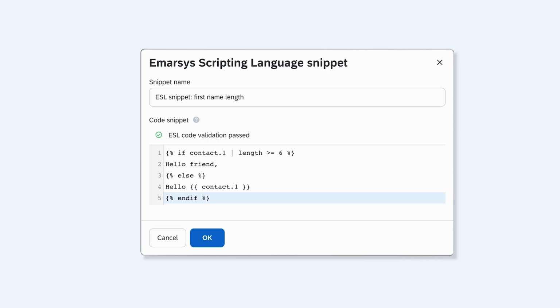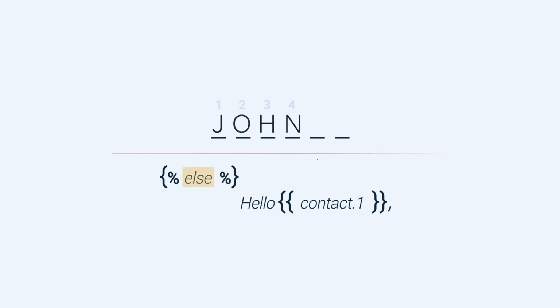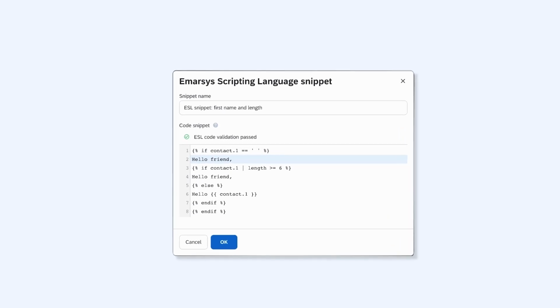So if your contact is called Jonathan, the word friend will be shown. But if the first name is just John, we can display that because it's only 4 characters long. If you'd like to combine the 2 previous examples in a statement, you need to start by checking if the first name has no value and then continue as before.